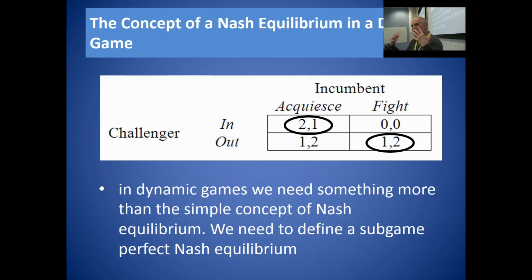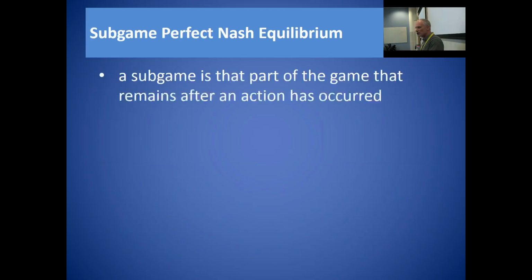Now, this whole course is about game theory, and you know what games are. But what is a subgame? Well, just to give you a very, very simple definition, a subgame is that part of a game that exists or remains after an action has occurred.